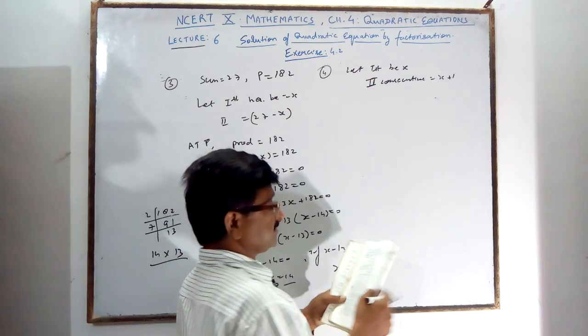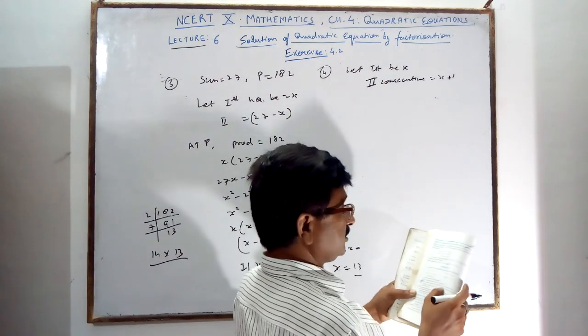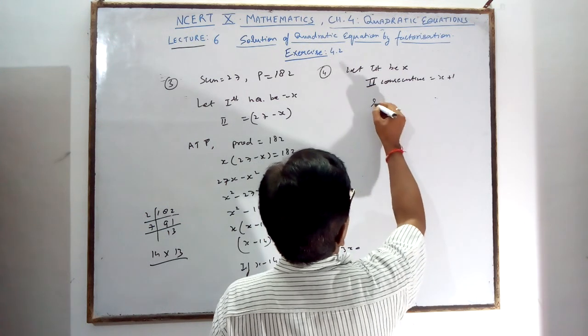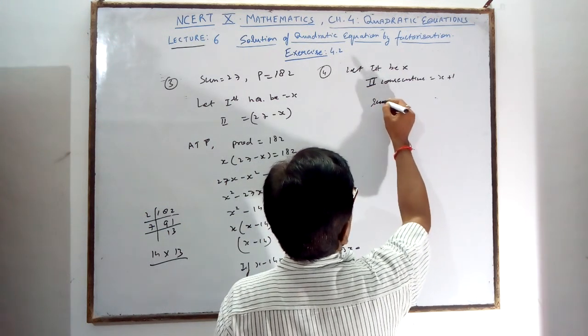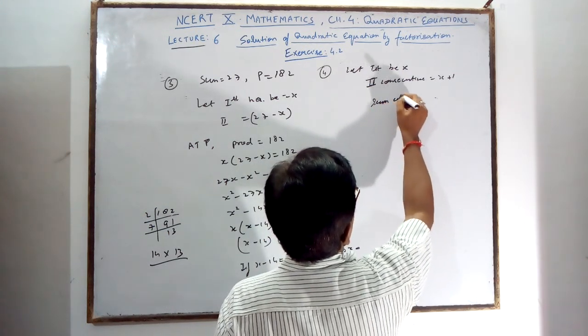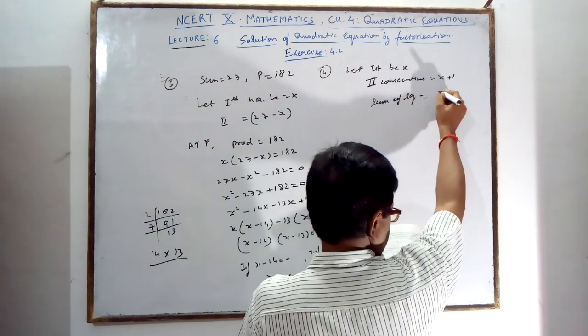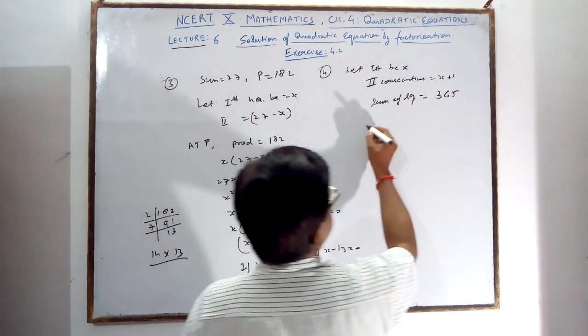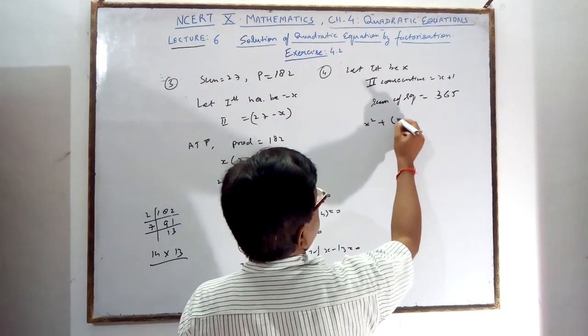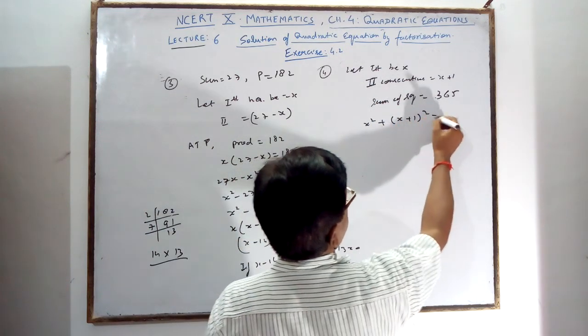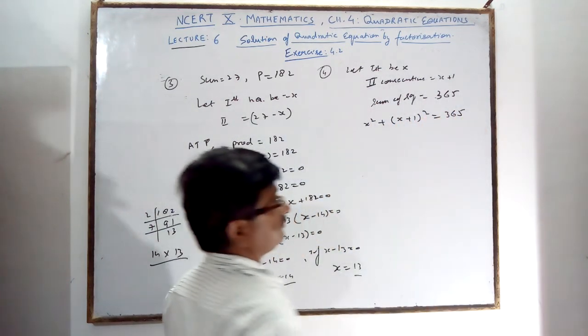The sum of squares is how much? 365. So x square plus x plus 1 square is equal to 365.